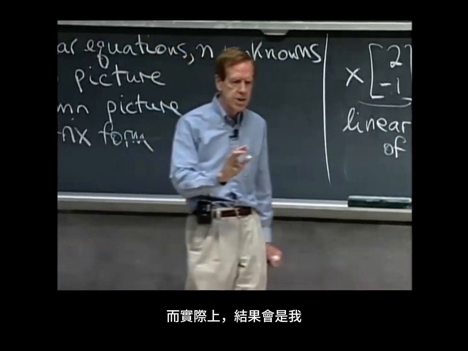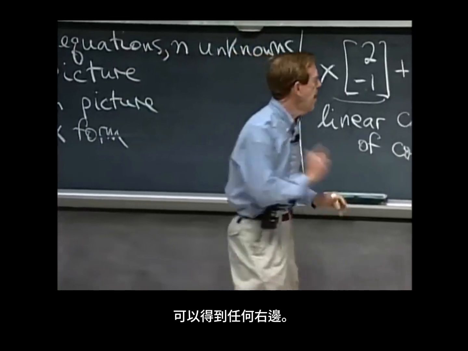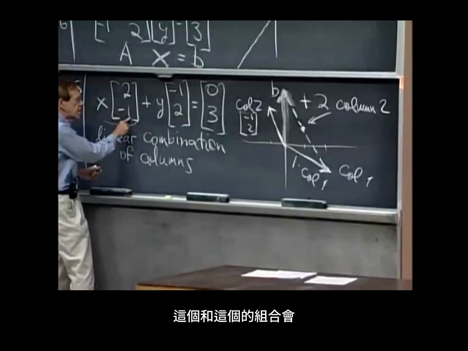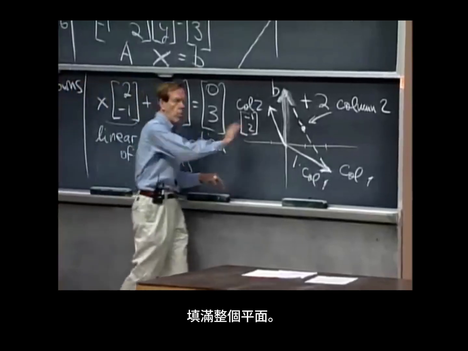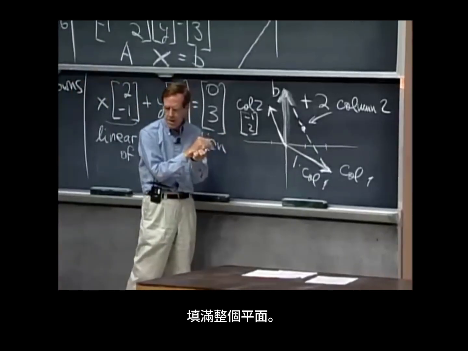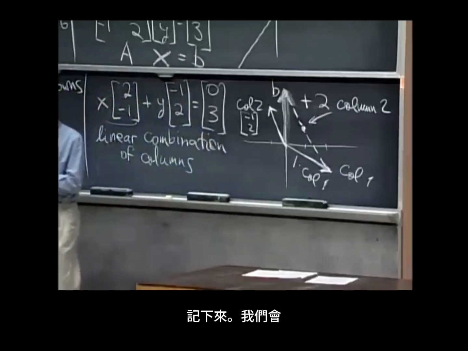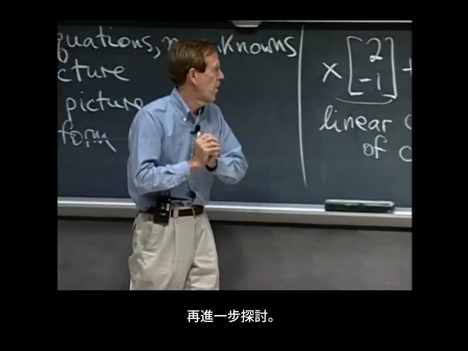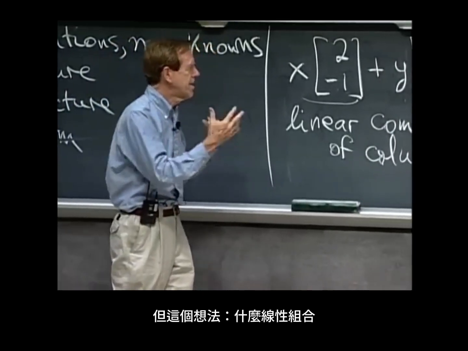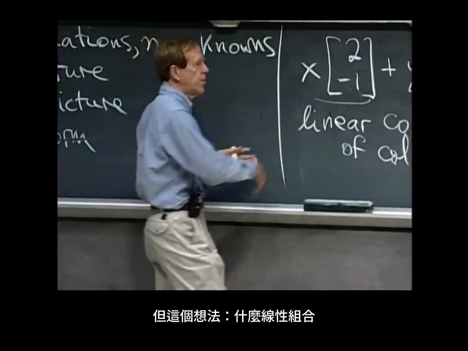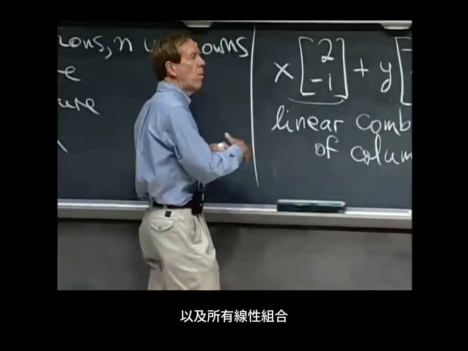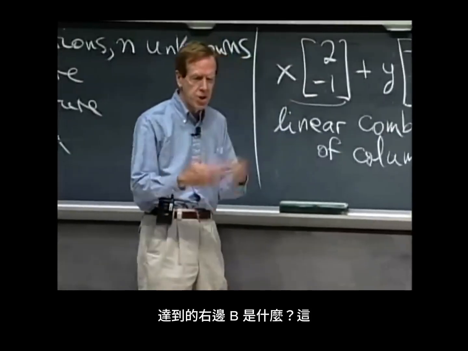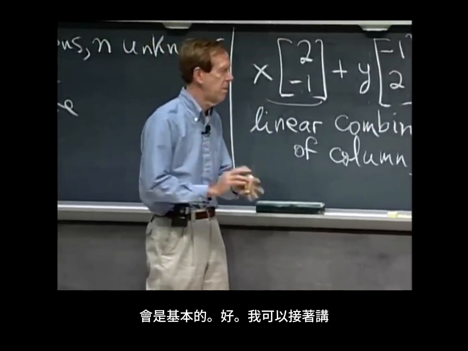And actually, the result would be that I could get any right-hand side at all. The combinations of this and this would fill the whole plane. You can tuck that away. We'll explore it further. But this idea of what linear combination gives B, and what do all the linear combinations give? What are all the possible achievable right-hand sides B? That's going to be basic.